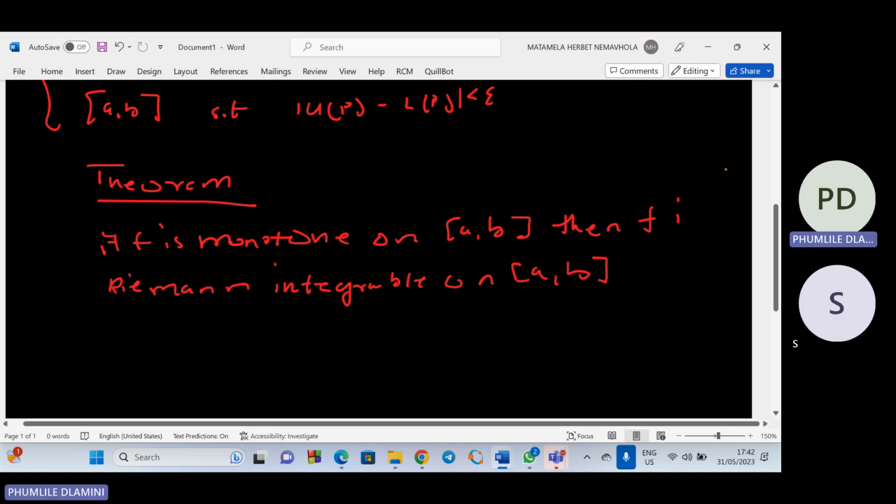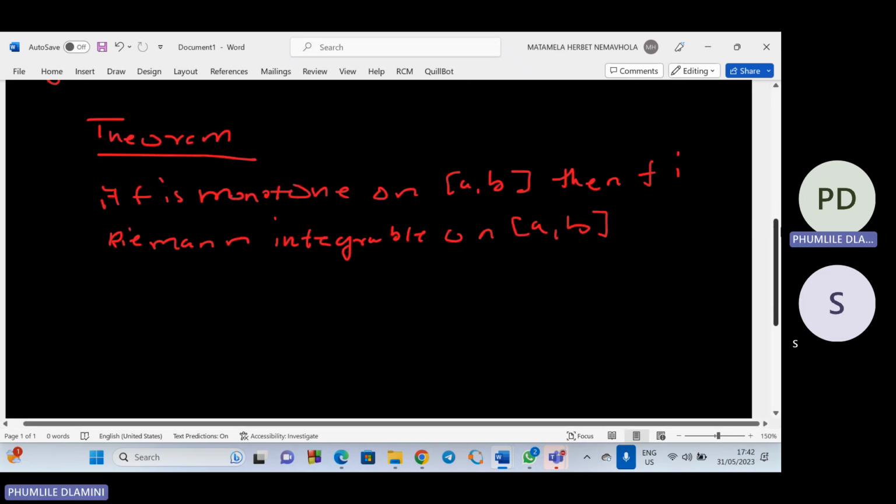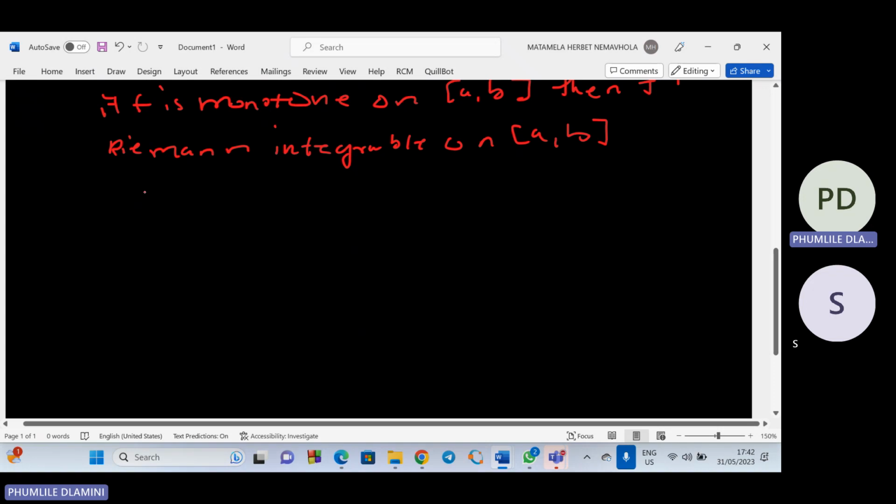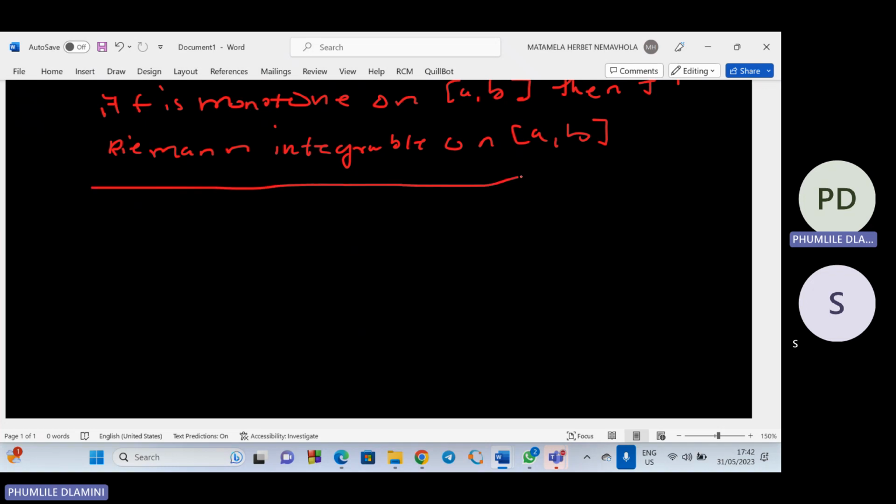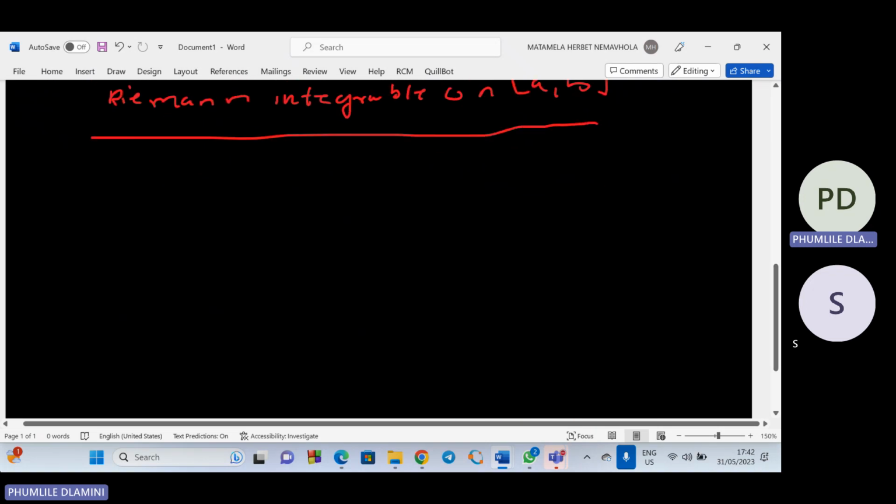So this is just a theorem. You don't really have to prove it unless they ask you to prove it, then we're going to find it in the question paper. So I'm just going to also state a few things. Then we're going to be done with the theory. We'll go to question papers.